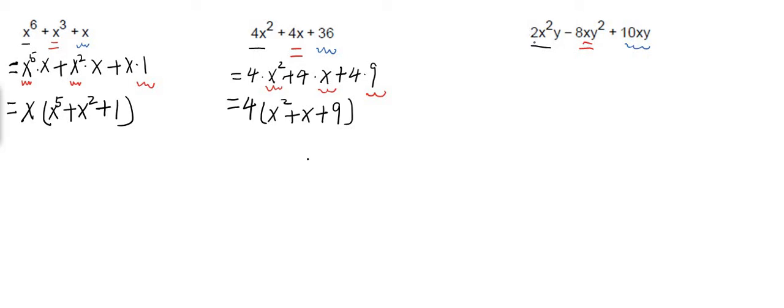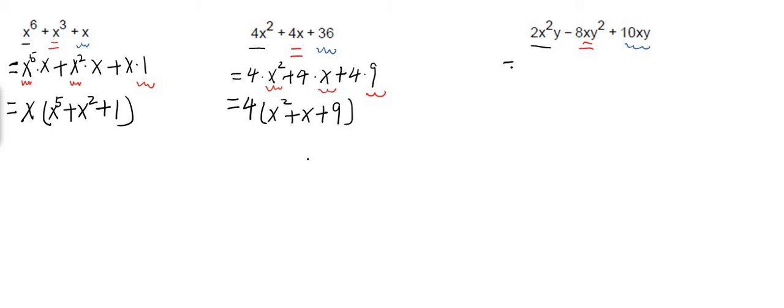Okay, we have common factor 2. And for each term we also have x, right? So for the first term we have x, x, x. For each term we also find we have y. Here's y, here's y, here's y. So that means we have common factor 2xy. Okay, 2xy.